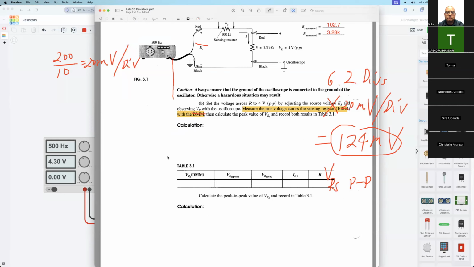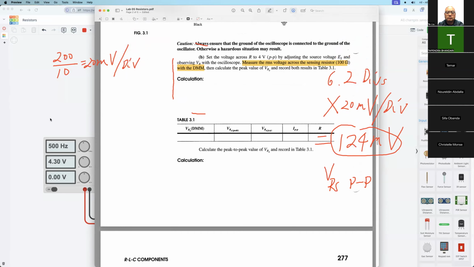Let me go up a little bit. So for this one, it's the peak to peak value. So it's 124 millivolt.